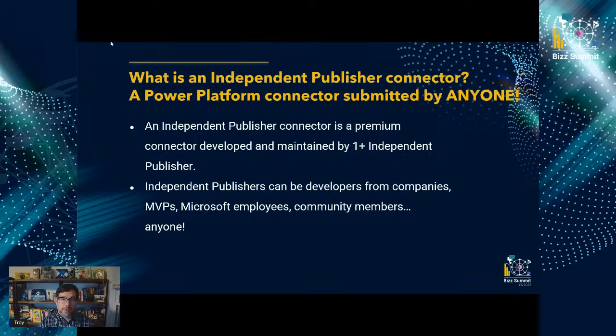There are folders within the repo that you can add your custom connectors to, and if you submit a pull request, Microsoft is going to certify them the exact same way that they certify their certified connectors directly from the third-party services. So it's a great open source project. It's a great way, if you're an MVP and want to make open source contributions, but anyone can contribute to it.